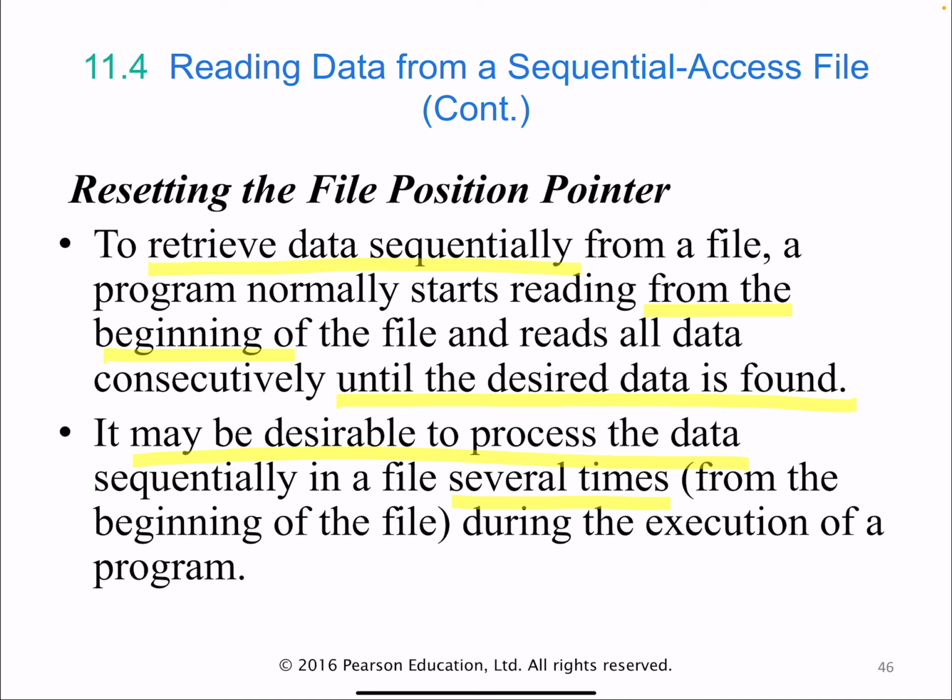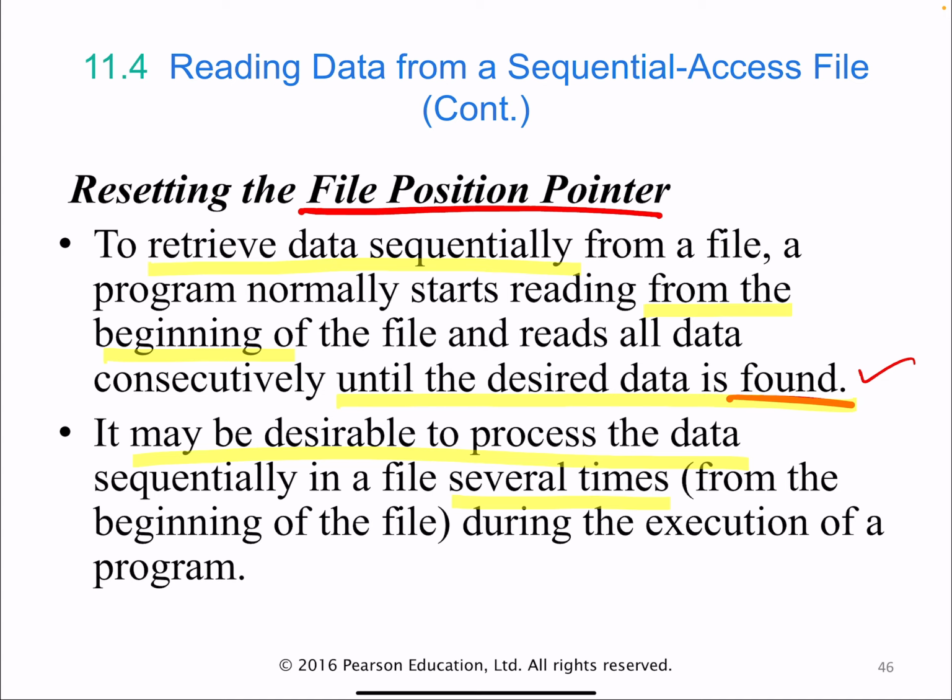Well, for that, it is helpful to know how to move back and forth through a file. For that, we need to know about something called the file position pointer, and how to reset it, how to move it back to the start of the file if needed. To retrieve data sequentially from a file, we start from the beginning and move on byte by byte towards the end of the file until the data that we're looking for is found.